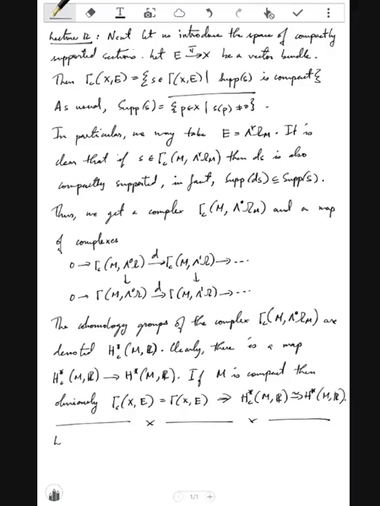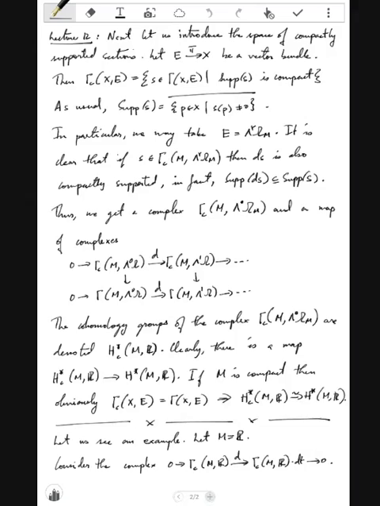So let us see an example. Let M be equal to R. So consider the complex. So here f is sent to df by dt times dt.